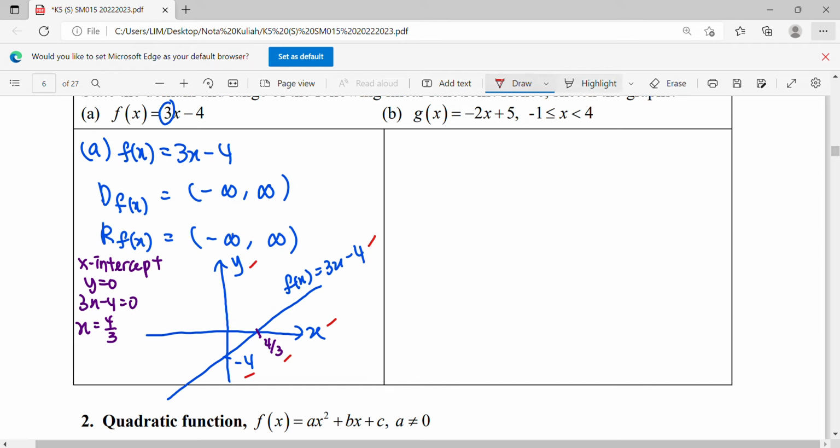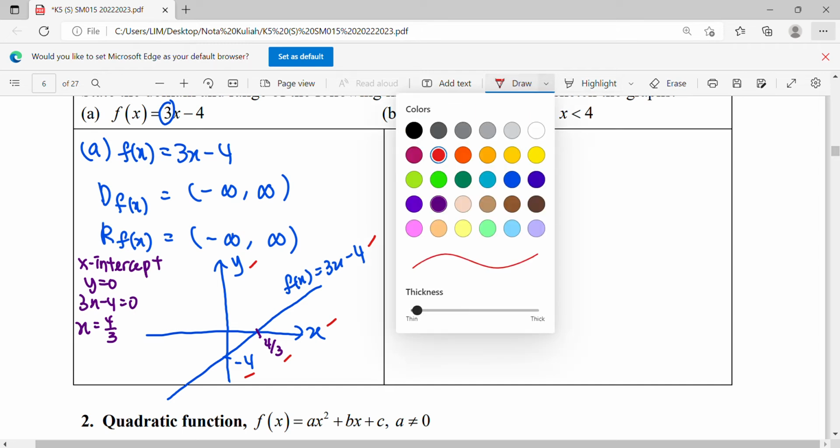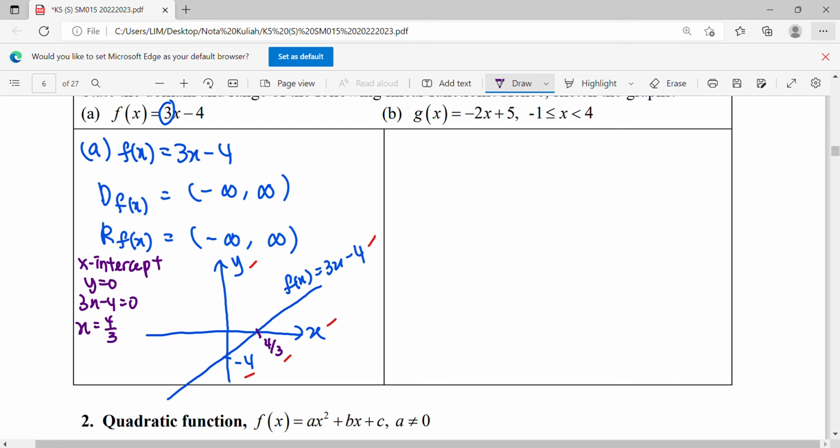So for question B, where our function is still linear, you can notice what is the difference between question A and question B. This question is giving us a range of x. Means our domain, is it involving every part of the x?